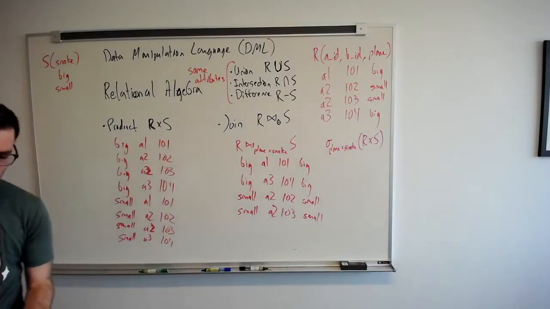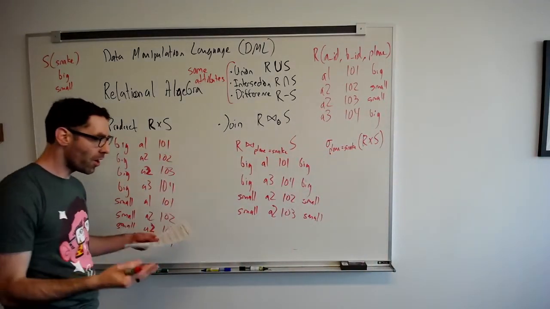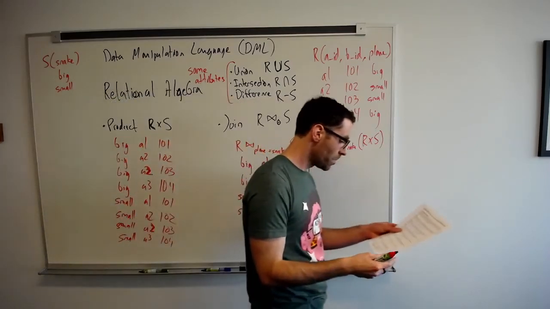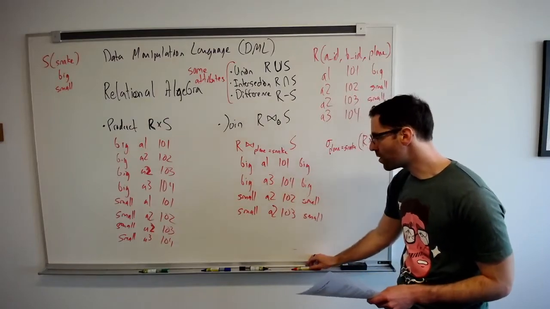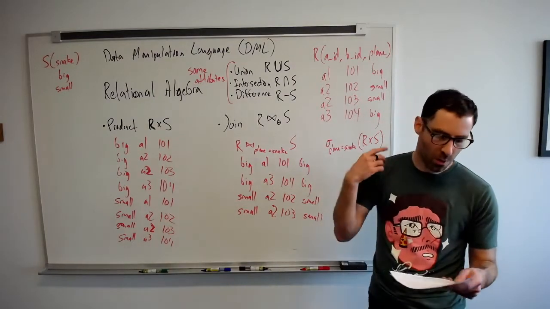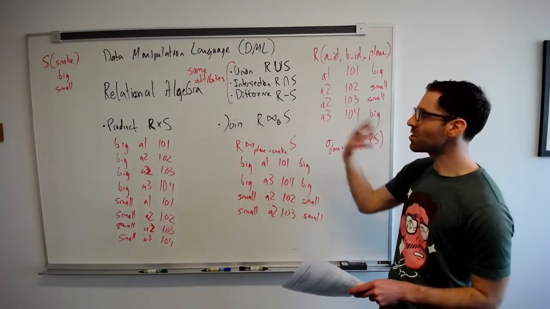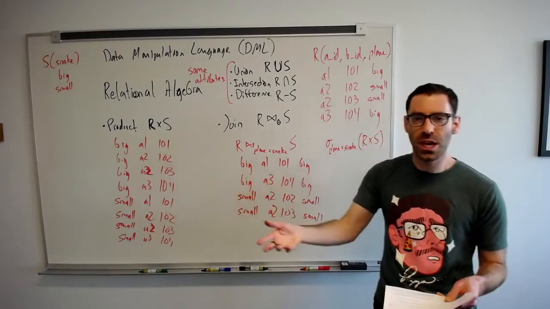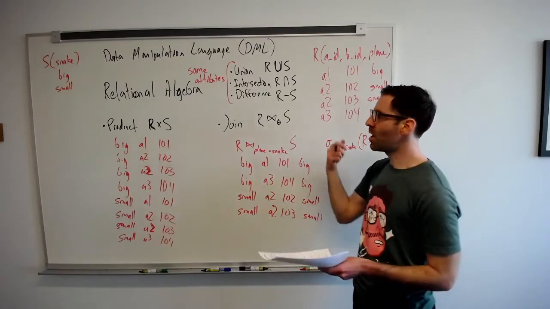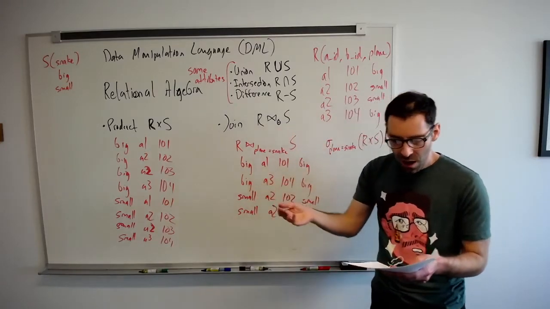All right, so there are other relational operators. There's one for rename. There's one for assigning the results to a kind of temporary variable. There's an operator to eliminate duplicates.